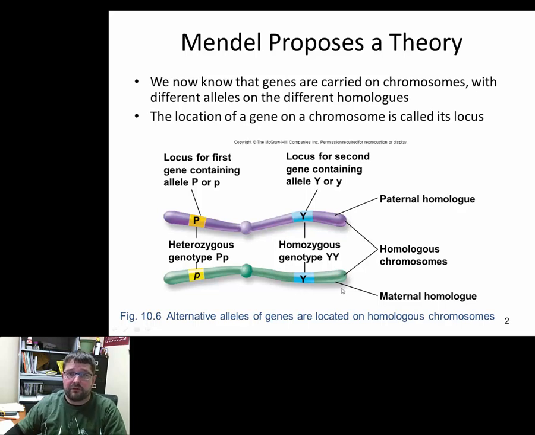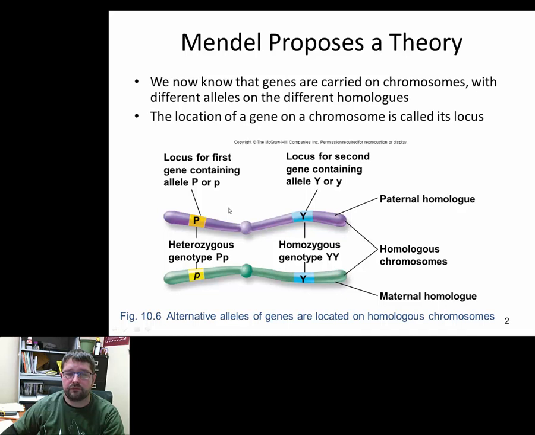But since Mendel's time, we now know that genes, or what Mendel was calling characters, are carried on chromosomes, okay? And they have a specific spot on the chromosome which we call a locus, or loci.